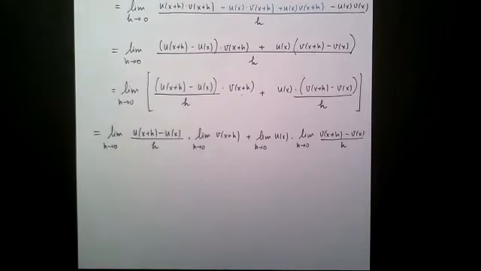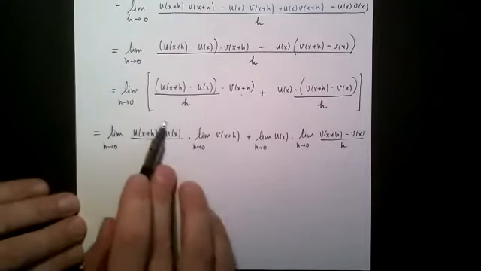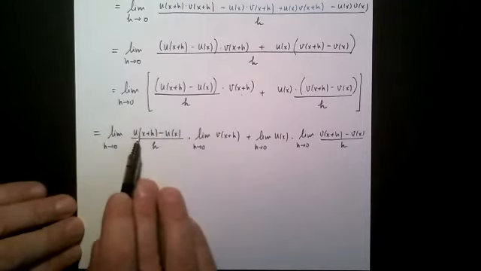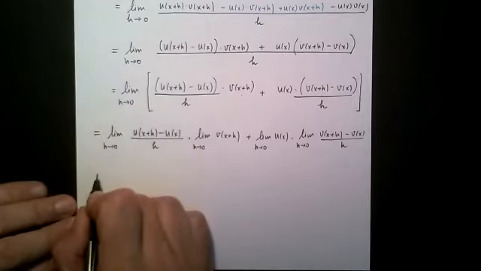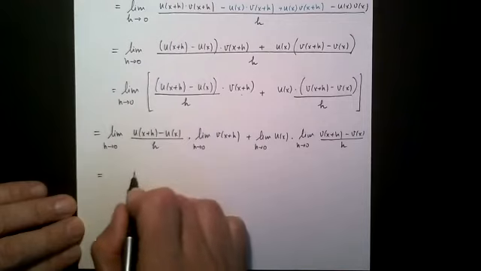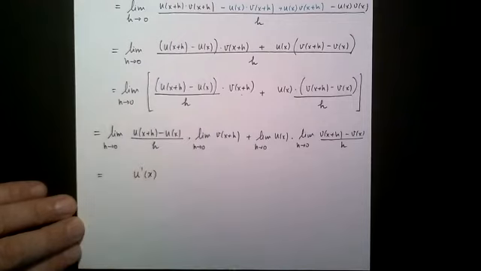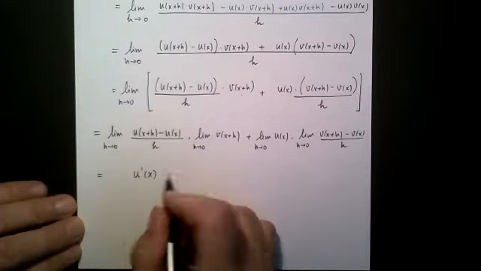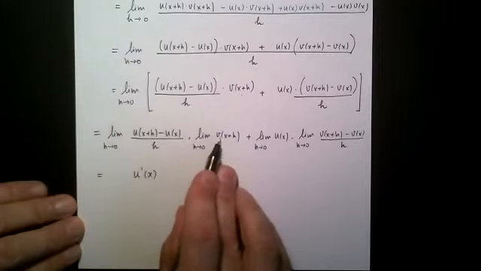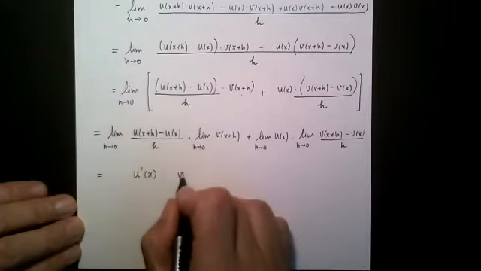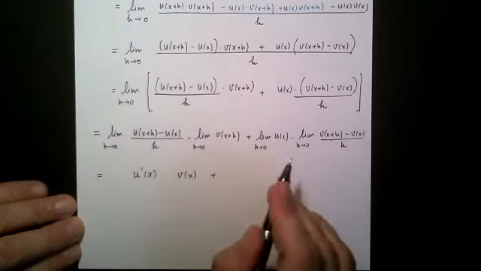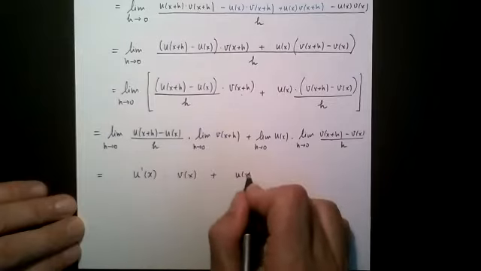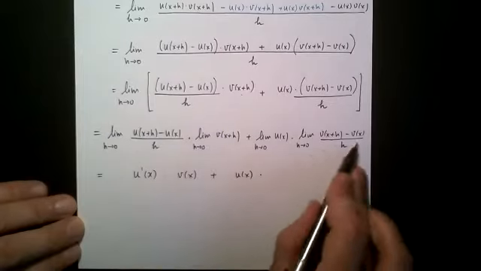Okay, so at this point, we're almost done. Do you recognize this? U of x plus h minus u of x over h, as h approaches 0, what is that equal to? U prime of x. Yep. Times, when h approaches 0, v of x plus 0 is just v of x. Plus, u of x does not even depend on h, so it's just u of x times, by the same argument, v prime.